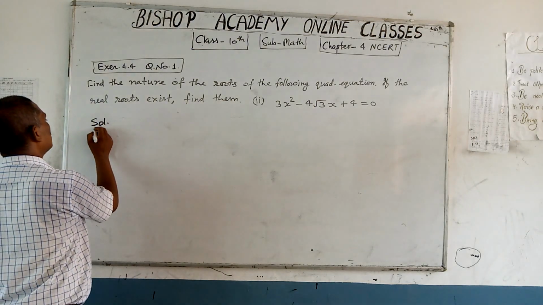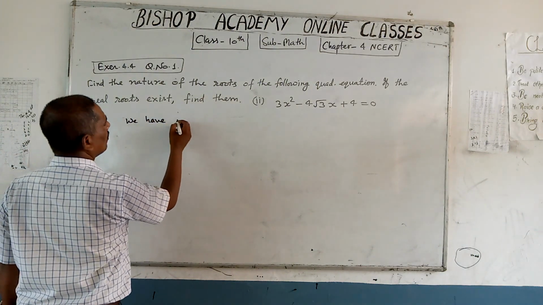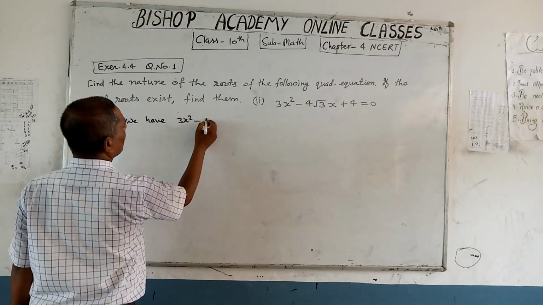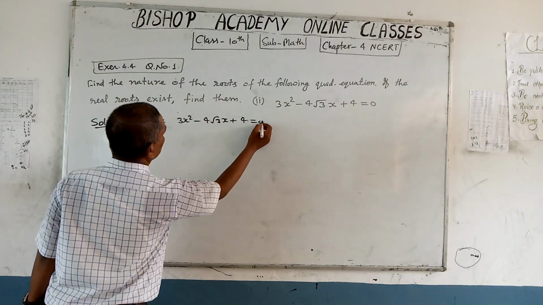So in solution, we have 3x square minus 4 times root 3x plus 4 is equal to 0.